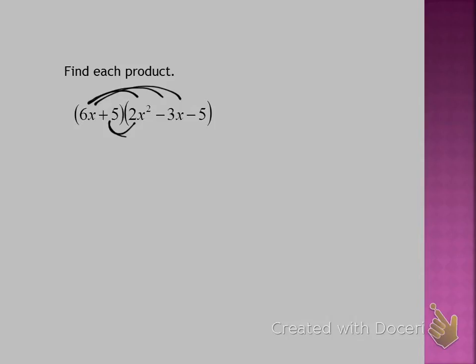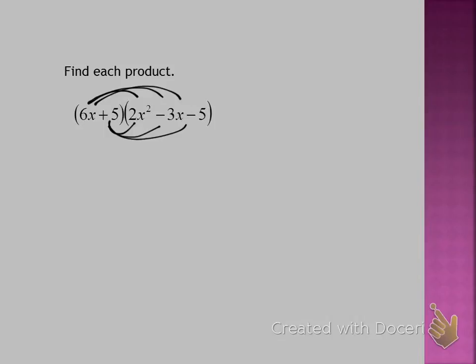You distribute the 5 3 times. Triple, double. It's like the only basketball reference I have all class, like ever. So you make sure you multiply each term in that binomial times each term in that trinomial.